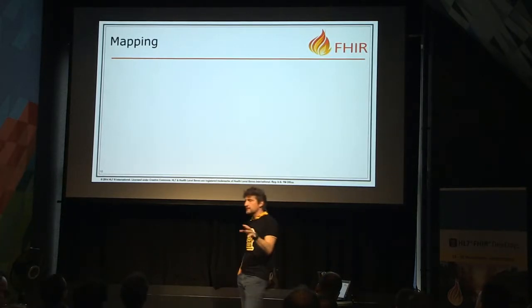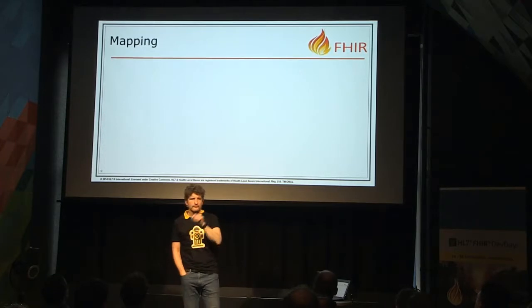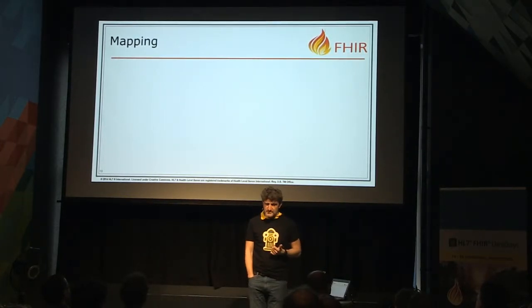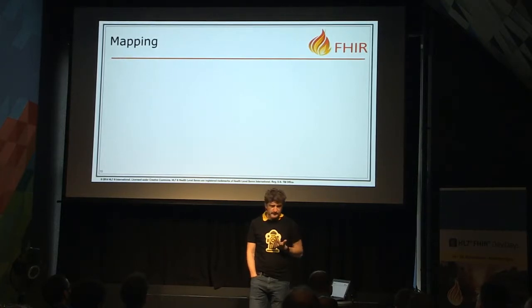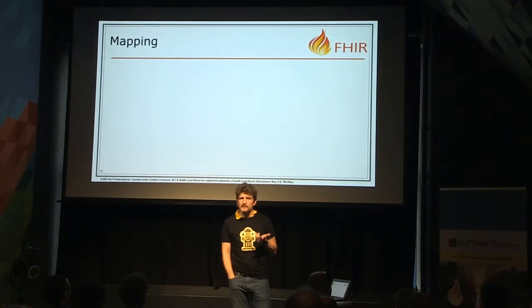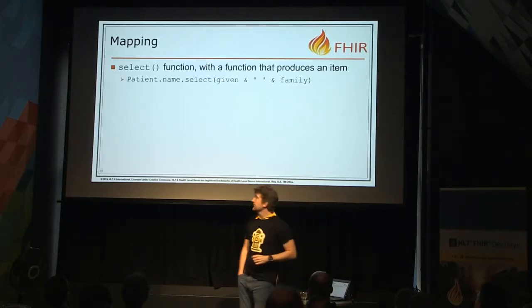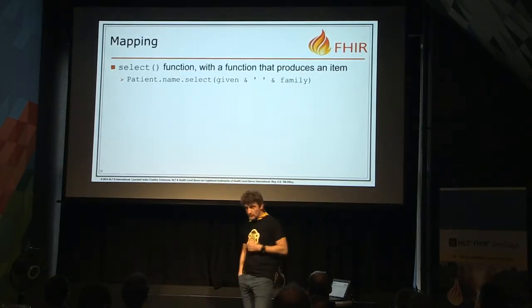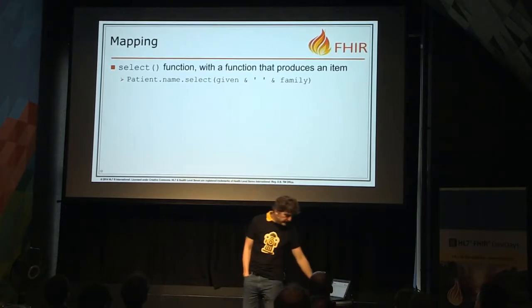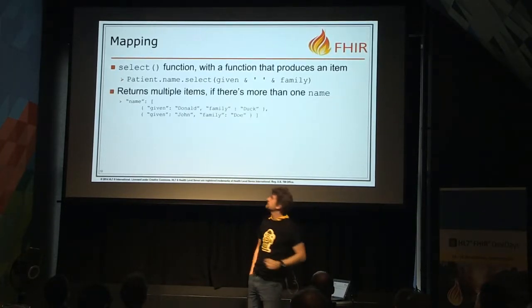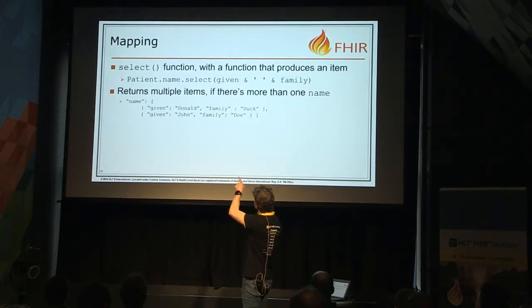And then we can do mapping. Sometimes you want to rewrite your results, like a select statement in LINQ, a select statement in SQL. Sometimes it's called map in other languages. That's the same thing here. So patient.name.select. And what do you want me to select? Go over the name, go over all the patient.names.